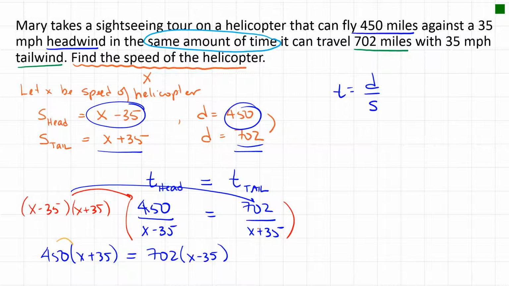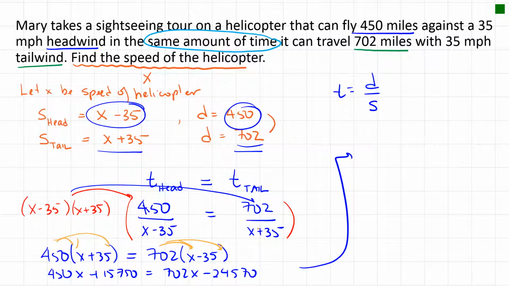Multiplying the coefficients into the bracket on both sides, I have 450x plus 15,750 equals 702x minus 24,570.